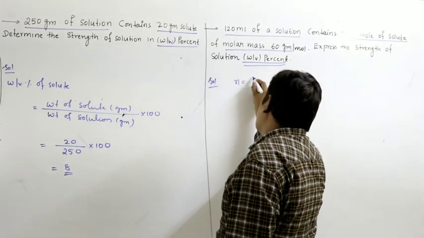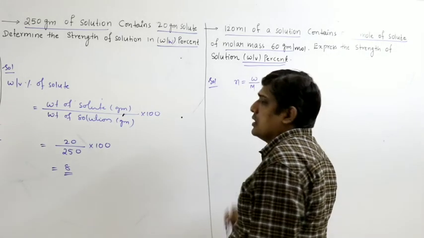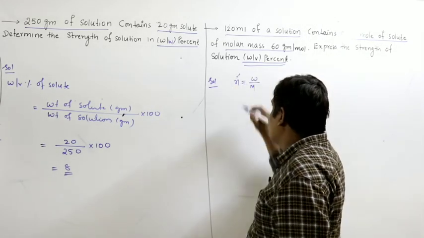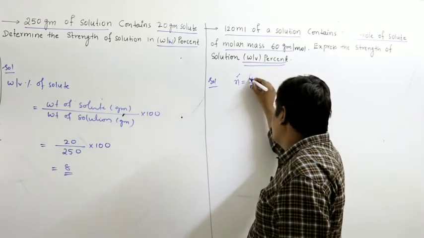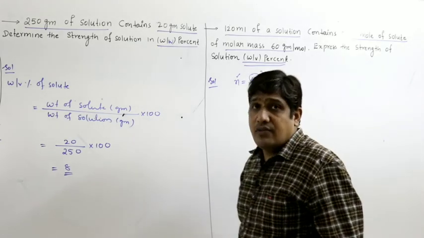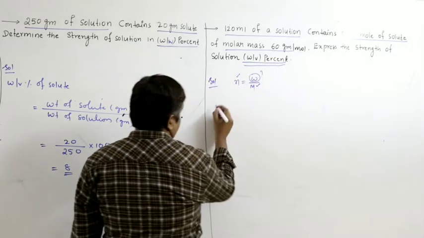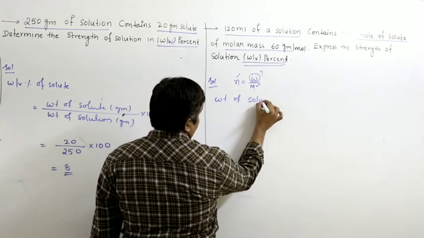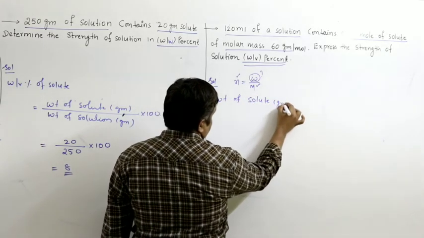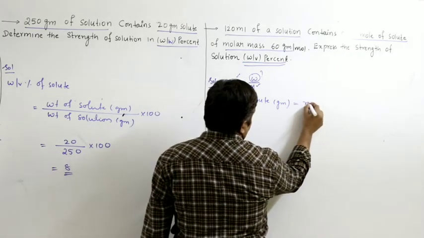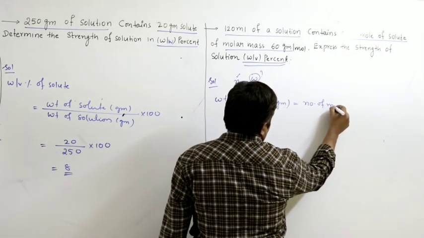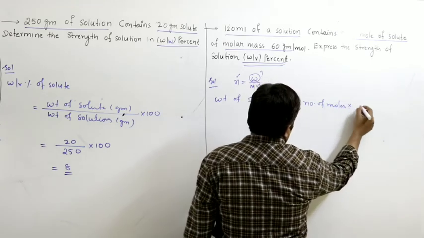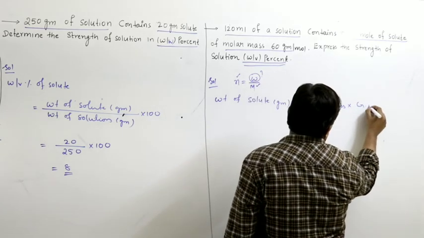Same formula: number of moles equals weight by molecular weight. Number of moles is given, molecular weight is given, you have to find weight of solute. So weight of solute in grams equals number of moles into gram molecular weight of solute.